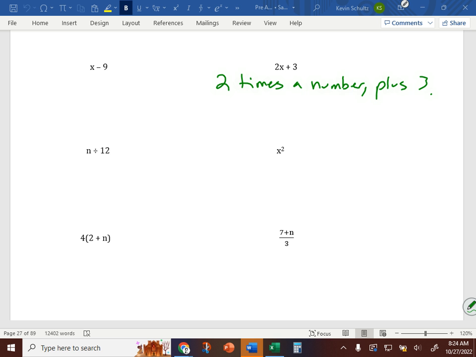Another way that we could do it verbally. Other words that we could use. How about instead of 2 times, we say twice a number, plus 3.